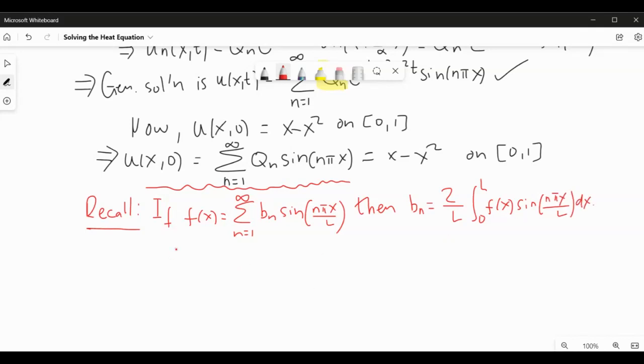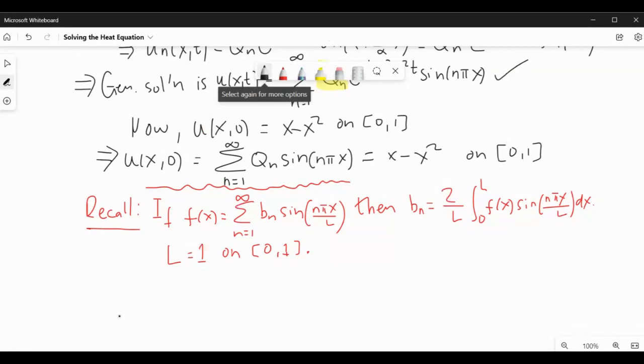In our particular example, our capital L will be equal to 1 because our fundamental interval is the closed interval 0, 1, which will have a length of 1. So again, capital L is equal to 1.